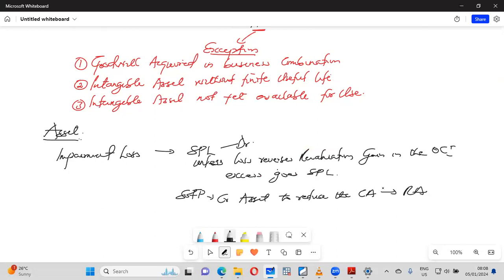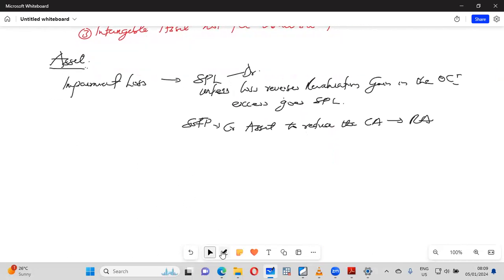But when it is a CGU, what you are going to do is apportion the impairment. In a CGU, you are going to share the impairment loss among the various smallest units of assets. So how do you do the sharing? First, you apply the impairment loss on a specific asset that has suffered more from the impairment.